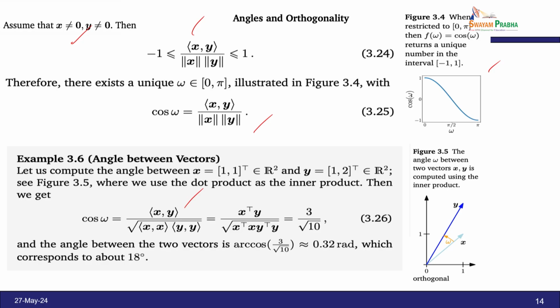The angle between the two vectors is arccos of 3 by root 10, which is approximately equal to 0.32 radian, corresponding to about 18 degrees.